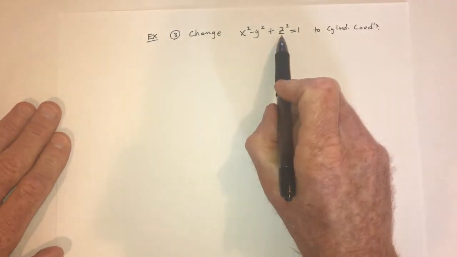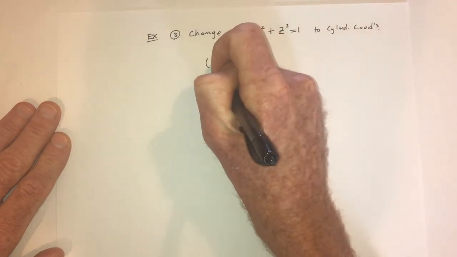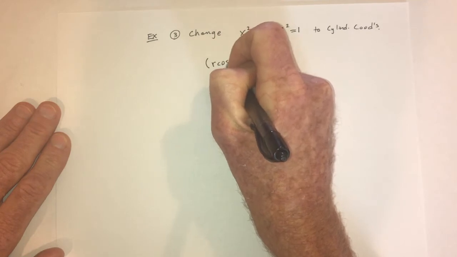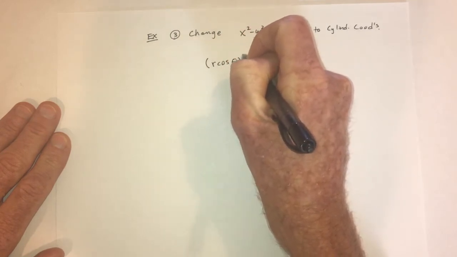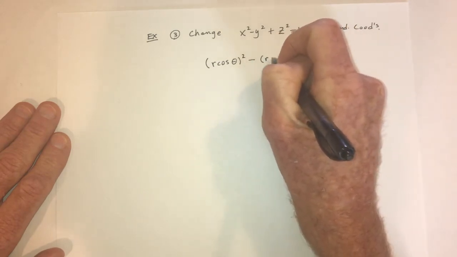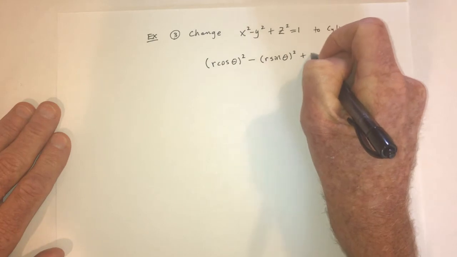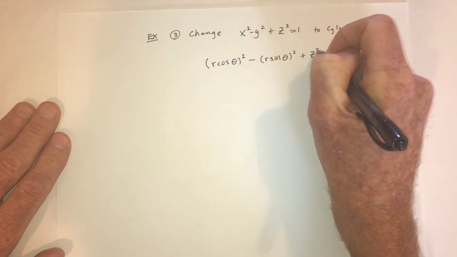So the z can just stay the z, but replace x, and x gets replaced with r cosine theta. And then replace y with r sine theta. And then z just stays z.